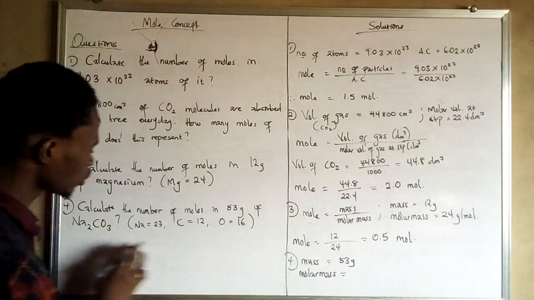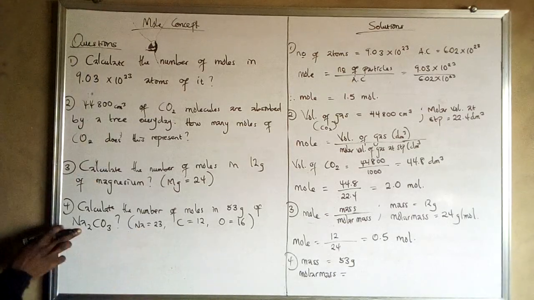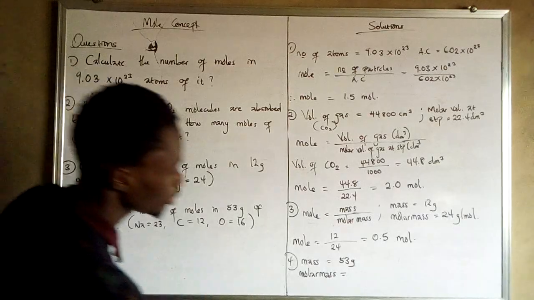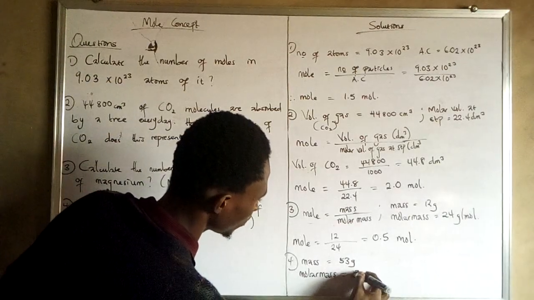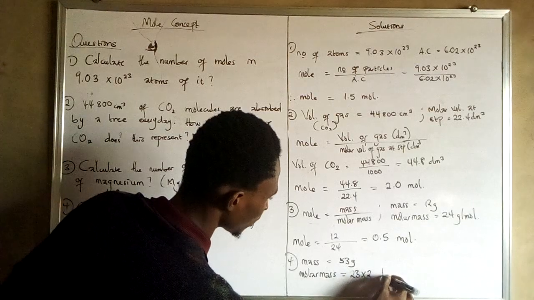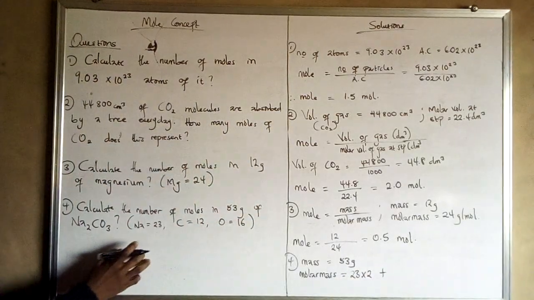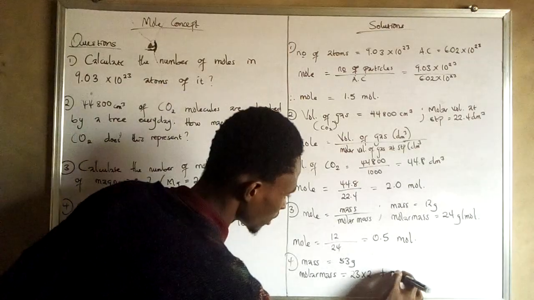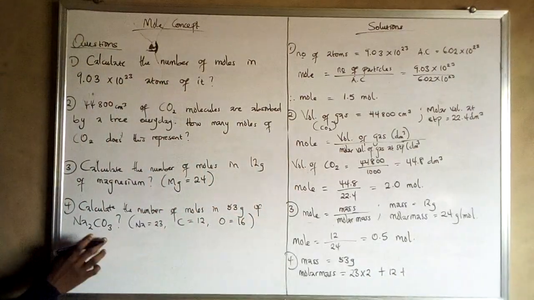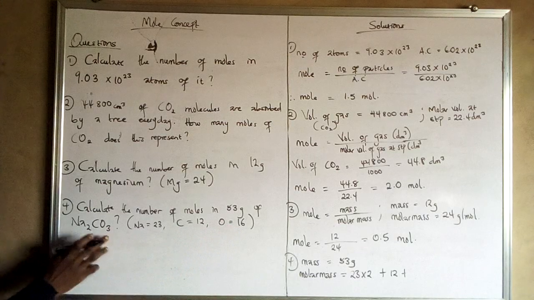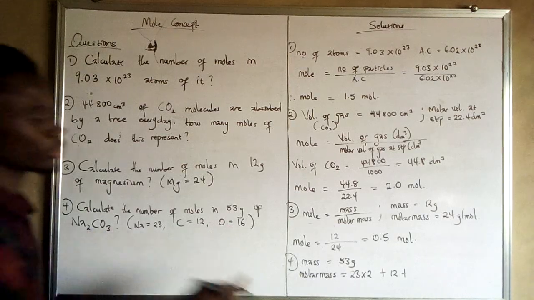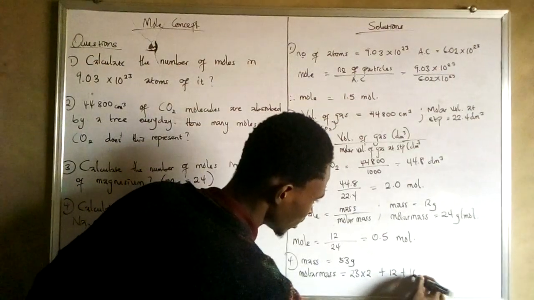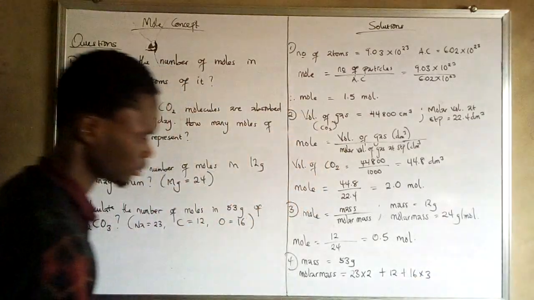Here we have sodium to be 23, and we have 2 atoms of sodium, so we are going to have 23 times 2, plus carbon, which is 12, and 1 atom of carbon, so 12, plus oxygen, which is 16, and we have 3 atoms of oxygen, so 16 times 3.